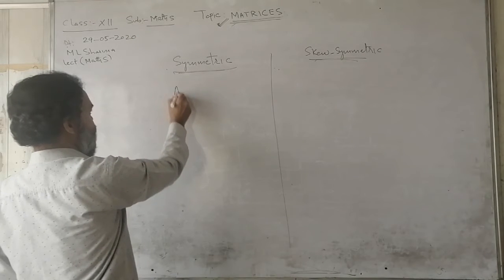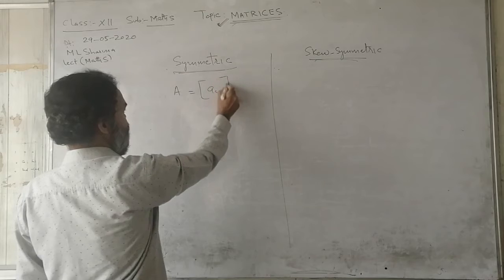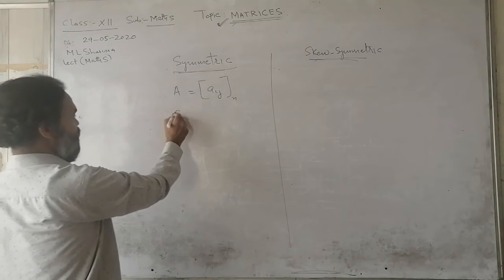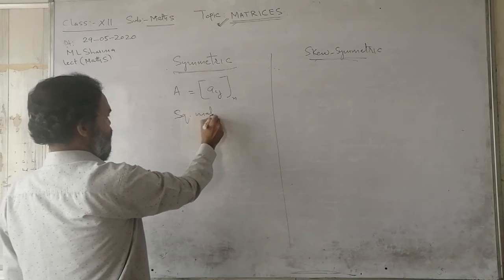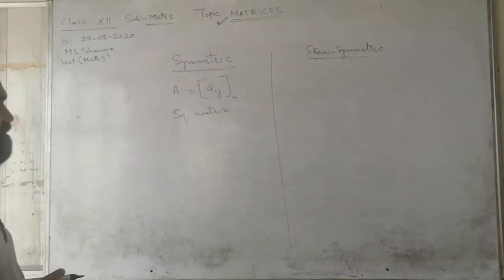Suppose I have matrix A as A_ij. So it is a square matrix. The condition is that the matrix should be square, and it has order n.